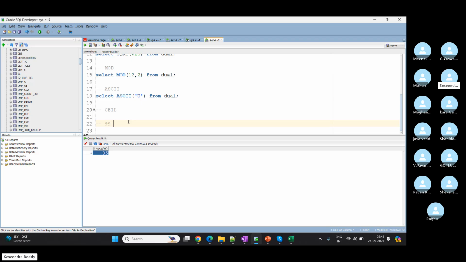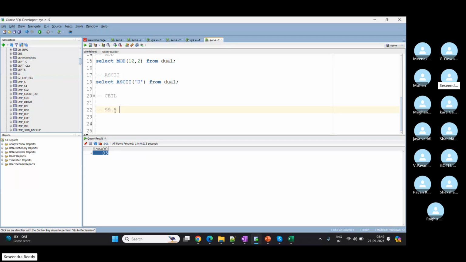First we'll discuss with the exact value, then we go with the decimals. So I brought one item and it cost around 99.5. They will generate one bill based on our amount and the items which we brought.